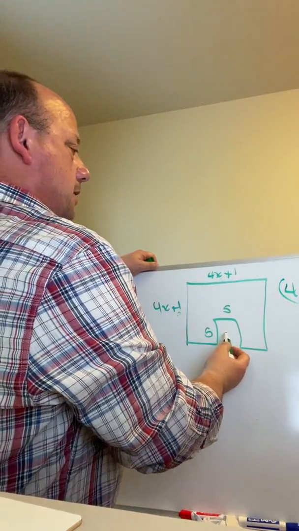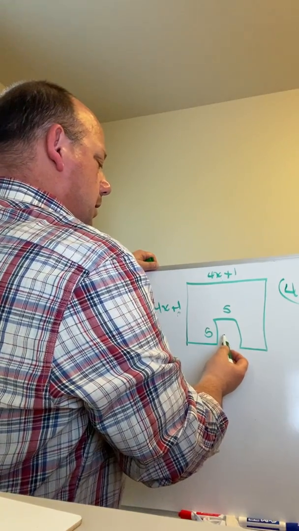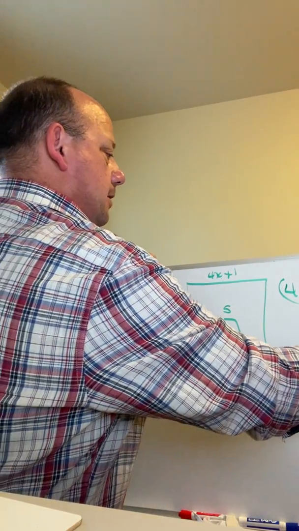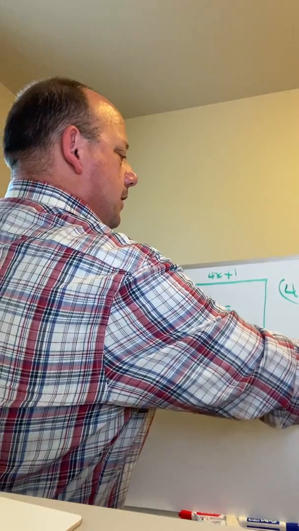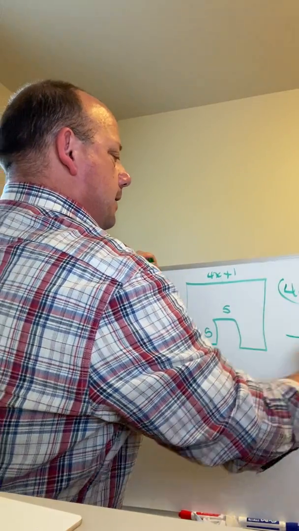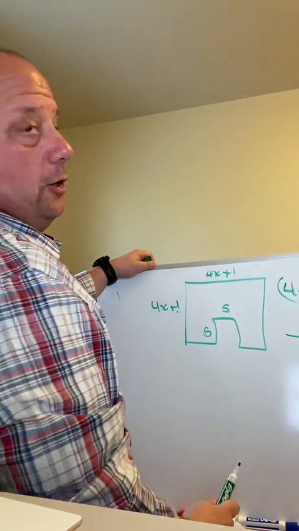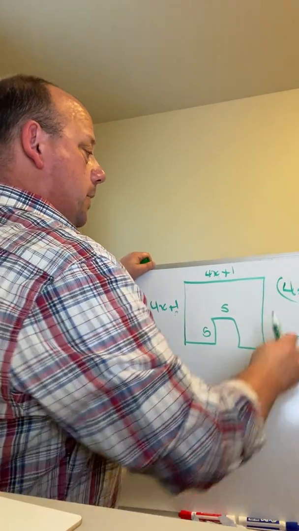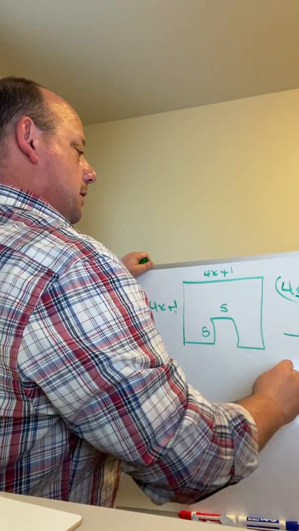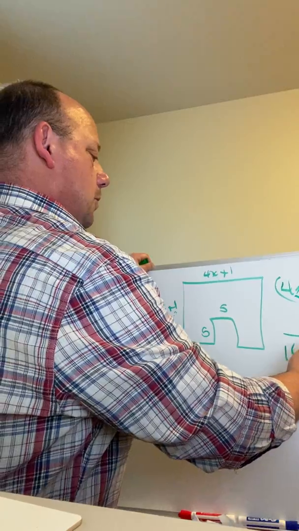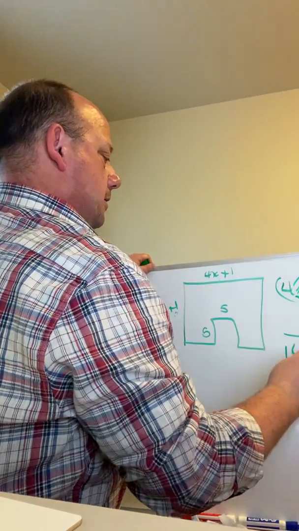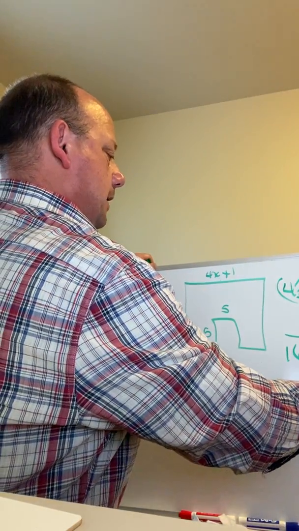Well, what did they do with this? They cut a chunk of it out. 5 by 5, it's 5 times 5, and you're going to subtract that from your trinomial that you're going to create up here. 4x times 4x is 16x squared. Outside, 4x times 1 is a positive 4x.